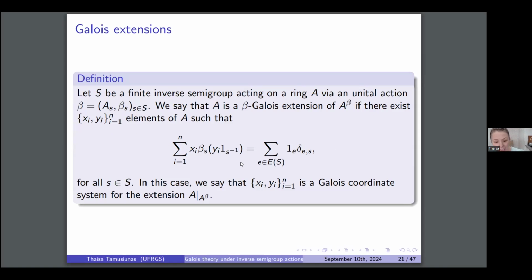And there is a problem when we want to show this equivalence. In the case of inverse semigroups, Galois extension is equivalent to separability and another extra condition, which I will speak about in a few moments. And then we can prove that in fact there is an equivalence.